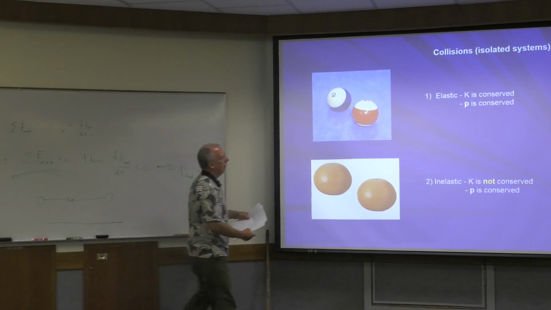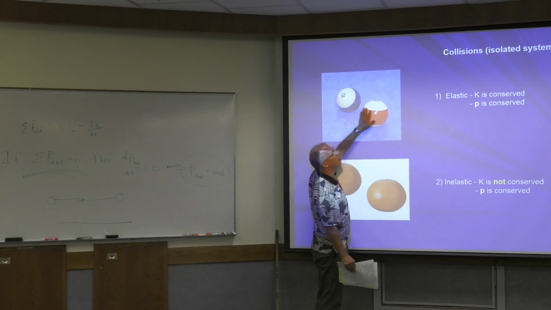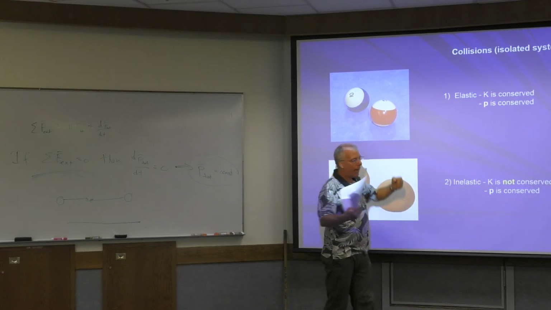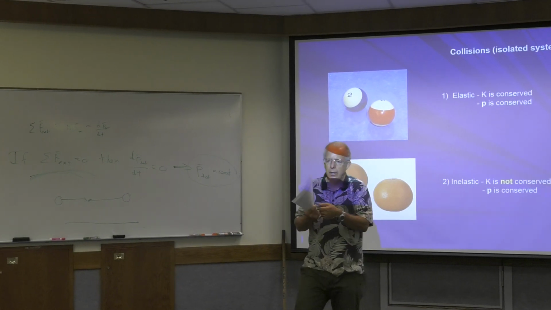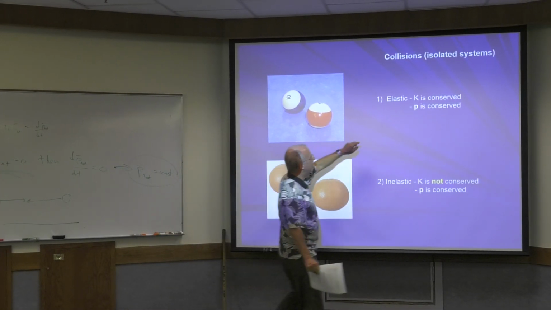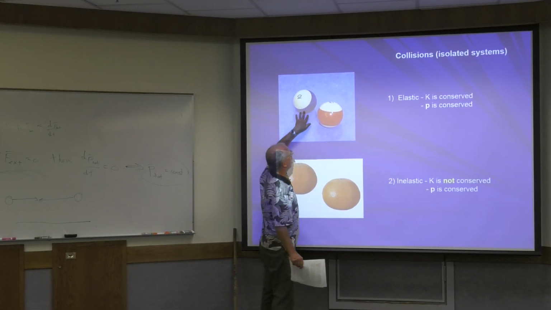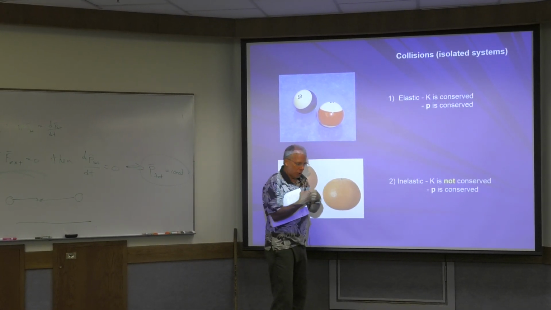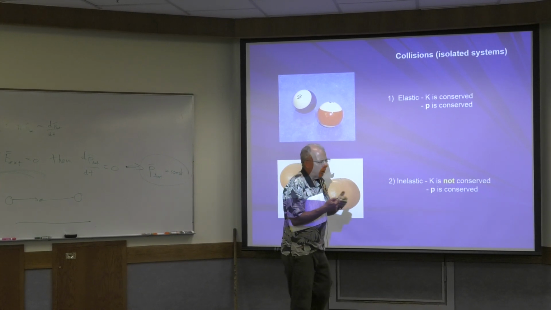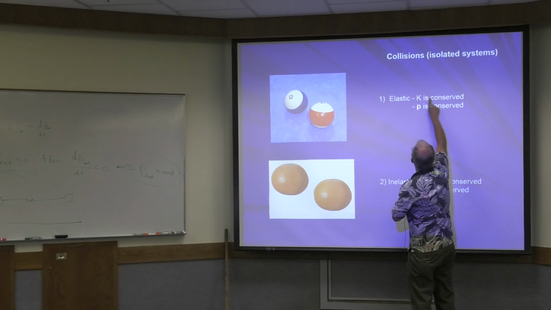Okay, this one. So we're assuming that these are perfect, solid spheres. And when they collide, there's no deformation of the surface or anything like that. And so, we know that momentum is conserved because it's an isolated system. But if these things are super hard and they don't squish or deform each other, kinetic energy is also conserved.